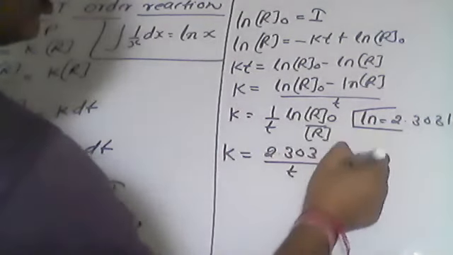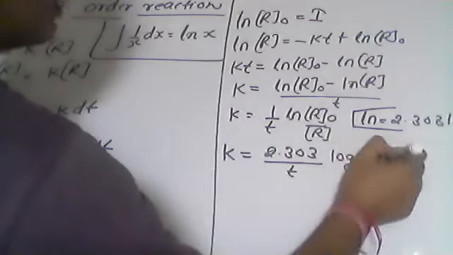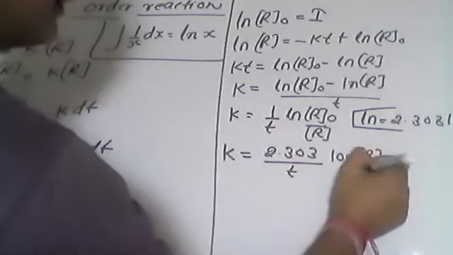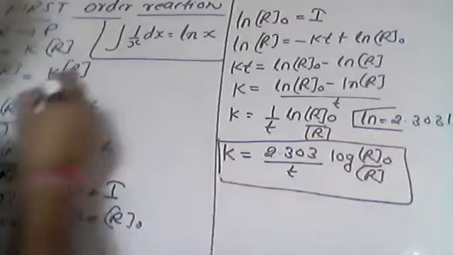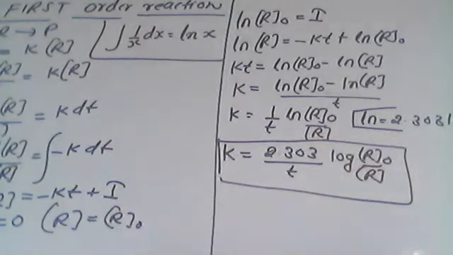It will become k is equal to 2.303 divided by t, log of [R]naught by [R]. This is the integrated rate equation for the first order reaction. k is equal to 2.303 divided by t log of [R]naught by [R].